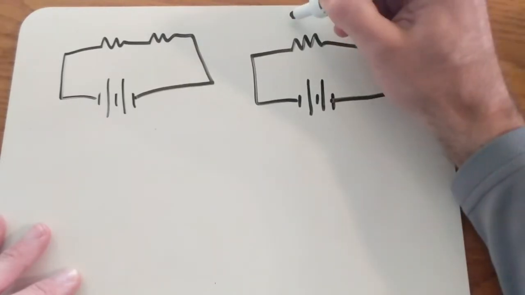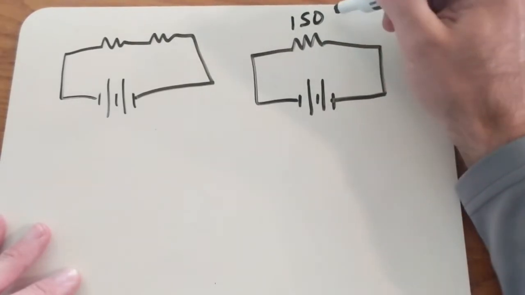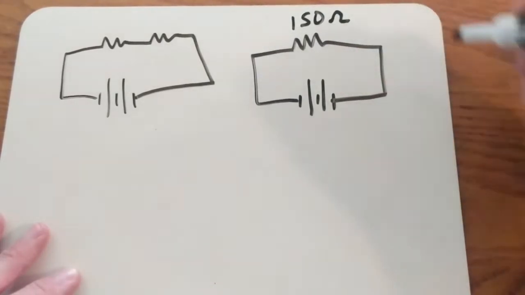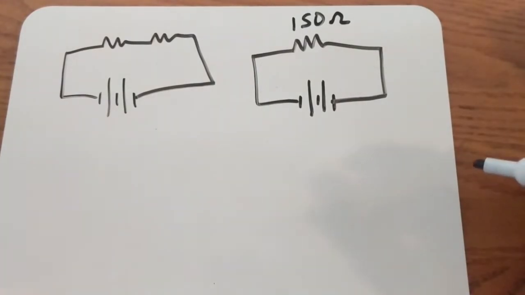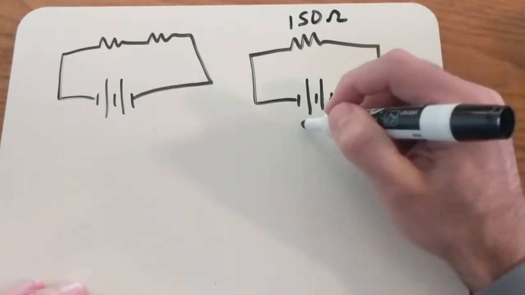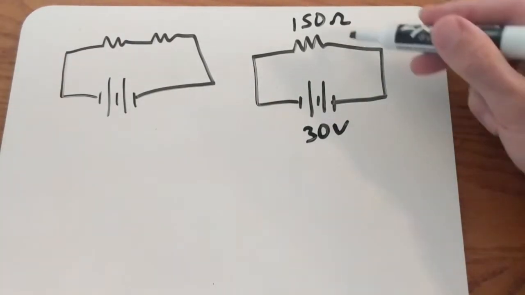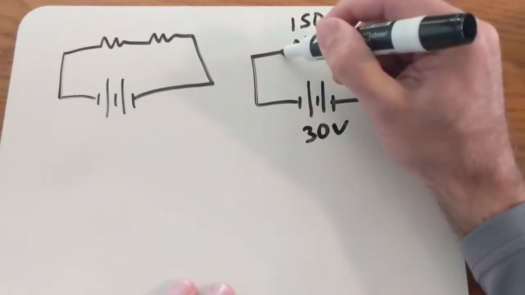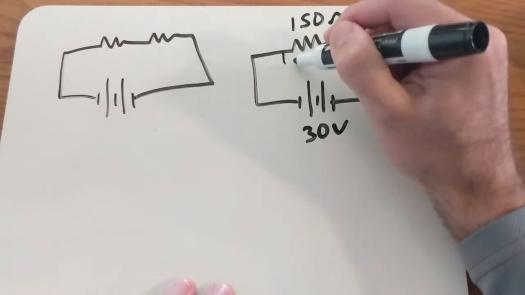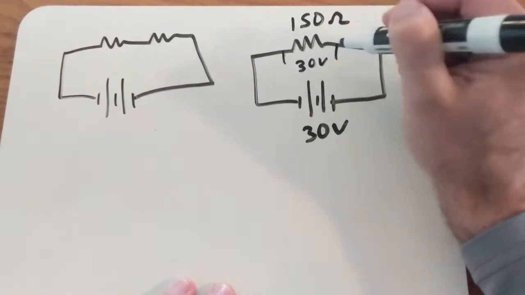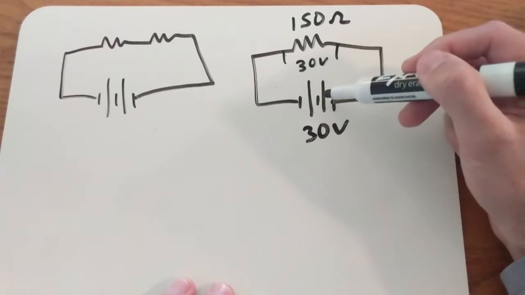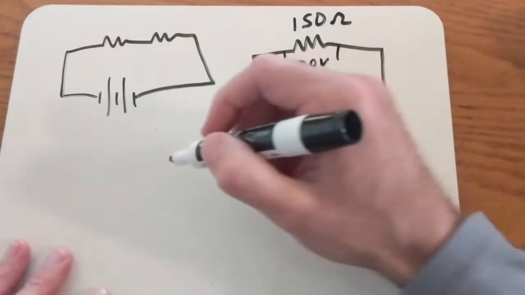And we know the new resistance is 150 ohms, and it's hooked up to a 30 volt battery. So we've already seen an example where there's just one. What this means is this resistor, if we hooked up a voltmeter to it, would read 30 volts from that side to that side, because it's the only one there, and it's hooked up to a 30 volt battery.